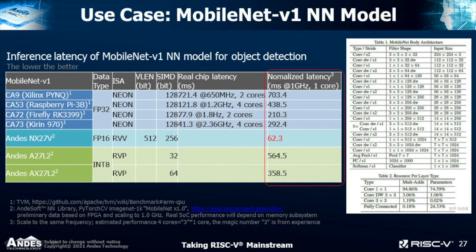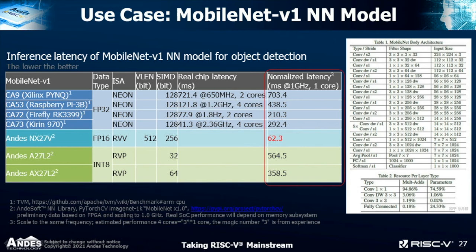Let's look at this NX27V, which is a RISC-V processor with VLEN 512 bits and DLEN 256 bits. The latency of a single image inference is about 62 milliseconds. When scaling to 1 GHz one core, it means the frame rate is about 16 FPS at 1 GHz one core.